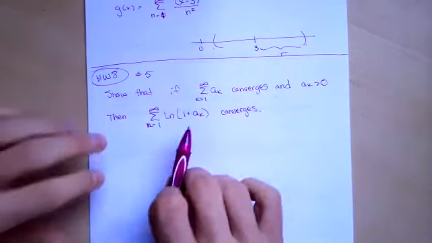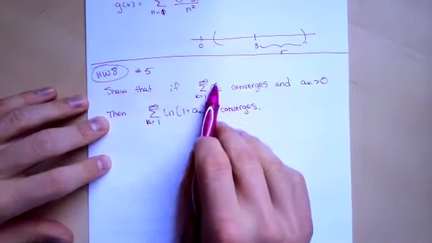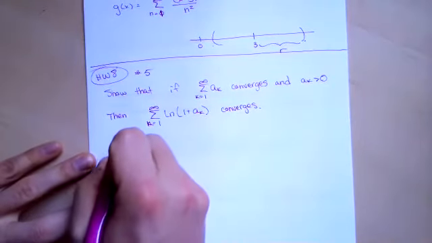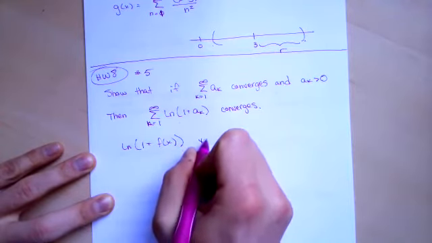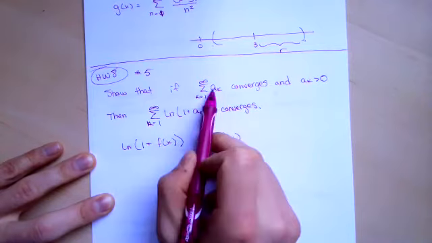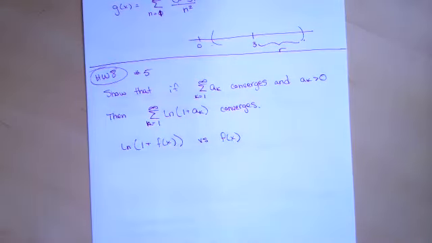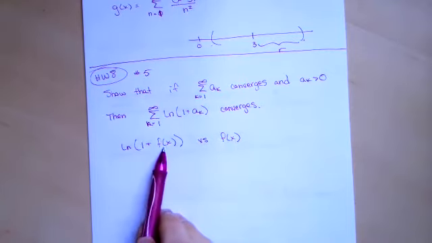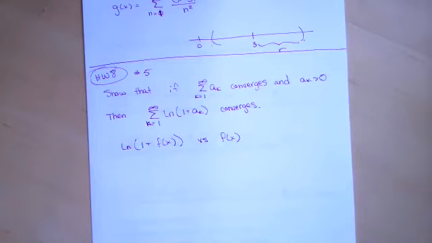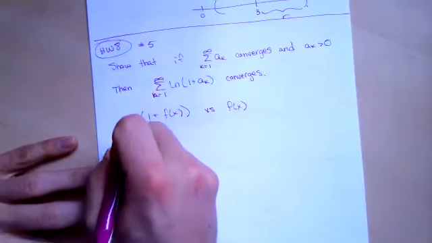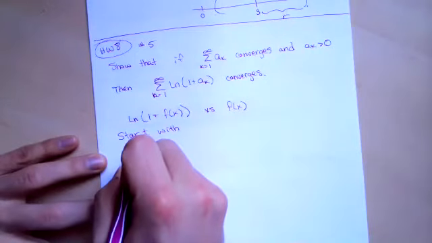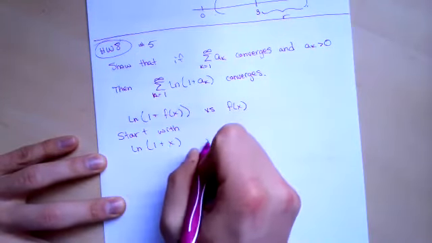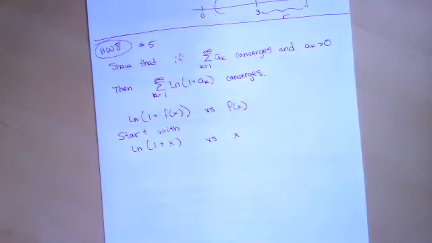If we write these as functions, we want to think of series as some sort of function. In some sense, we have this comparison. If my a_k was modeled by some function f of x, I want to compare that function versus the natural log of 1 plus that function. Let's start with perhaps the easiest function other than a constant function, just y equals x.